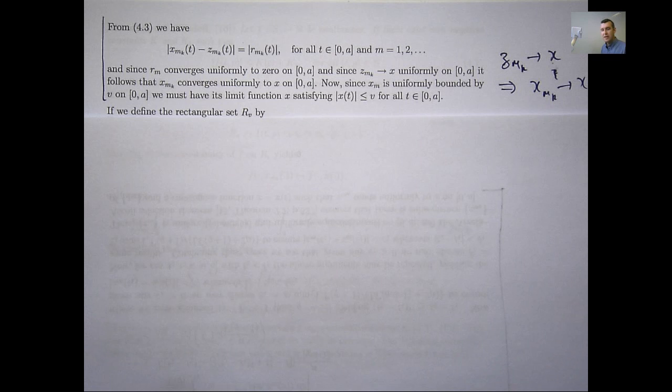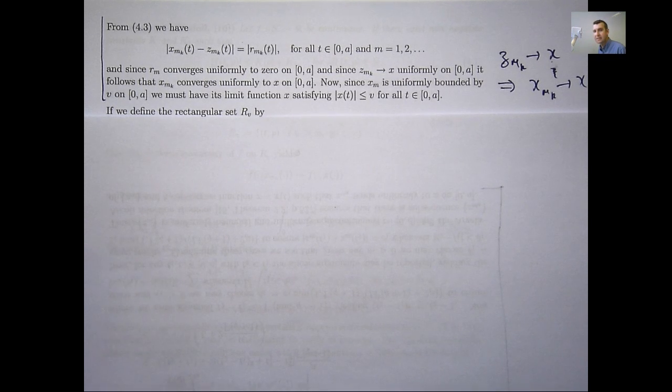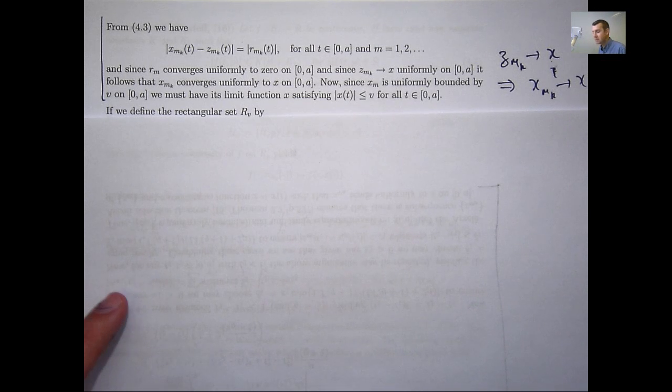Okay, so the last thing we've got to do is show that this limit function actually does satisfy our original fractional initial value problem, 1.1, 1.2. So we need to explore the properties of this limit function now. We don't know what it is, but we can still investigate some of the properties.